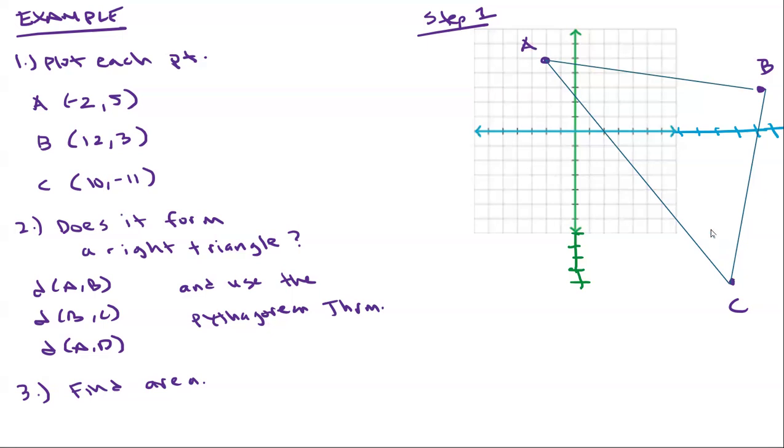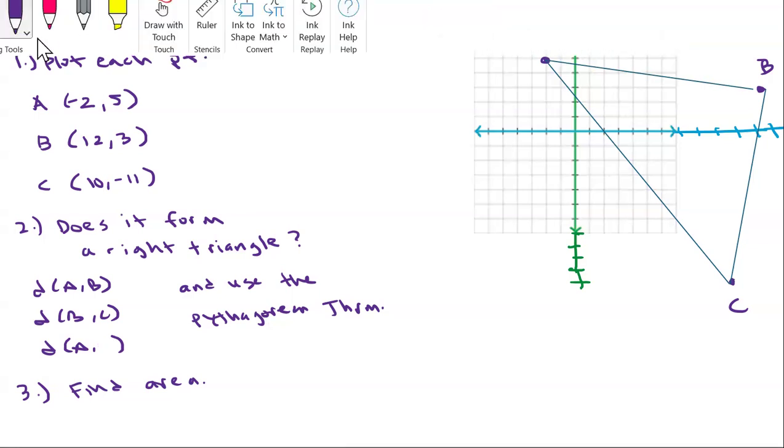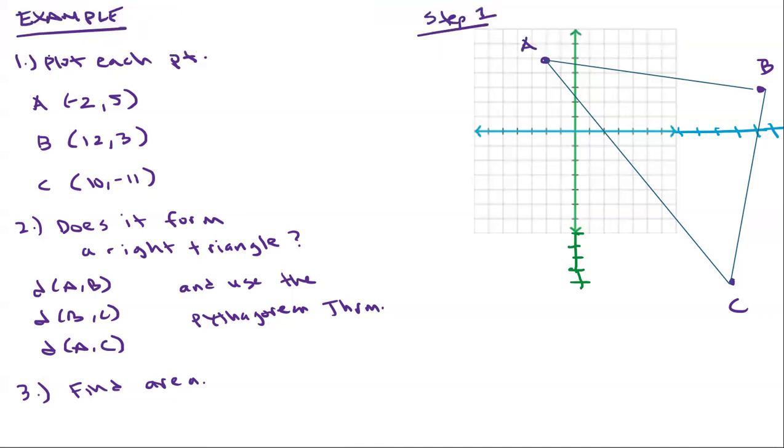Then step two. Once we plot this, we need to calculate the distance of each of these line segments, basically the size of this triangle. So we need to find the distance of AB, the distance of BC, and the distance of AC.